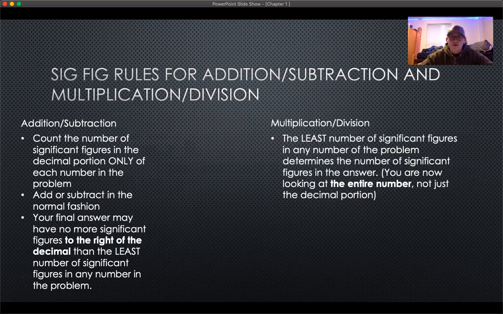So in that example, 7.12, if you're adding it, you can only have a number with two digits after the decimal. But in multiplication and division, you can have a maximum of 3 total significant figures. It's just a little difference within it.